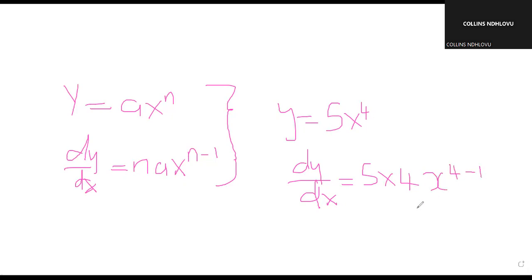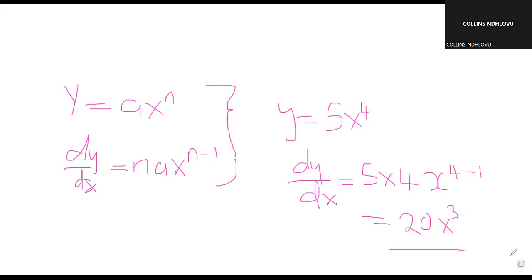So this is going to be 20x^3. I want to be as basic as possible before I start looking at the marathon. So dy, because y is on this side, dx, because x is on the other side. Just multiply 5 times 4, which is 20, and subtract 1 from the power, we get 3.